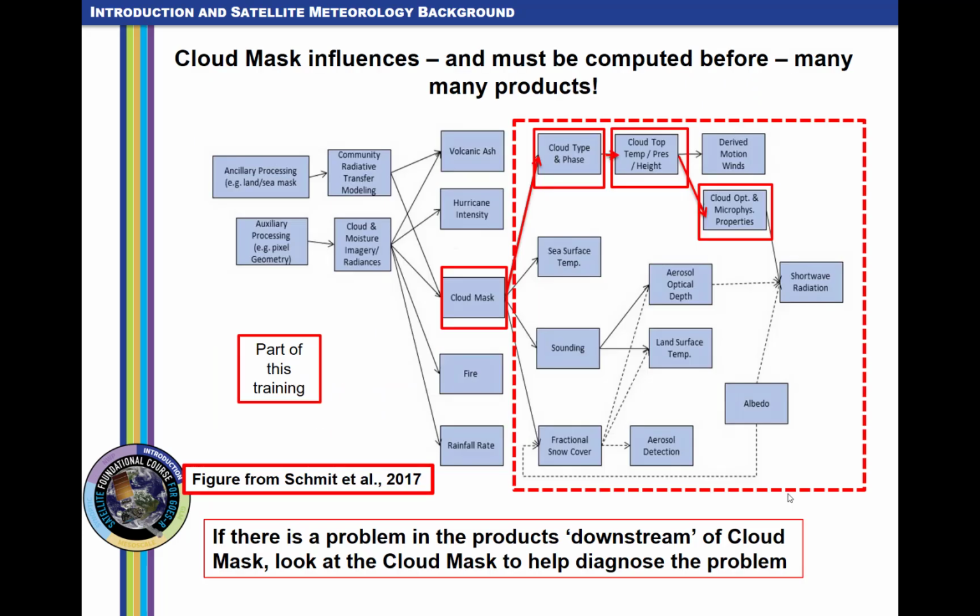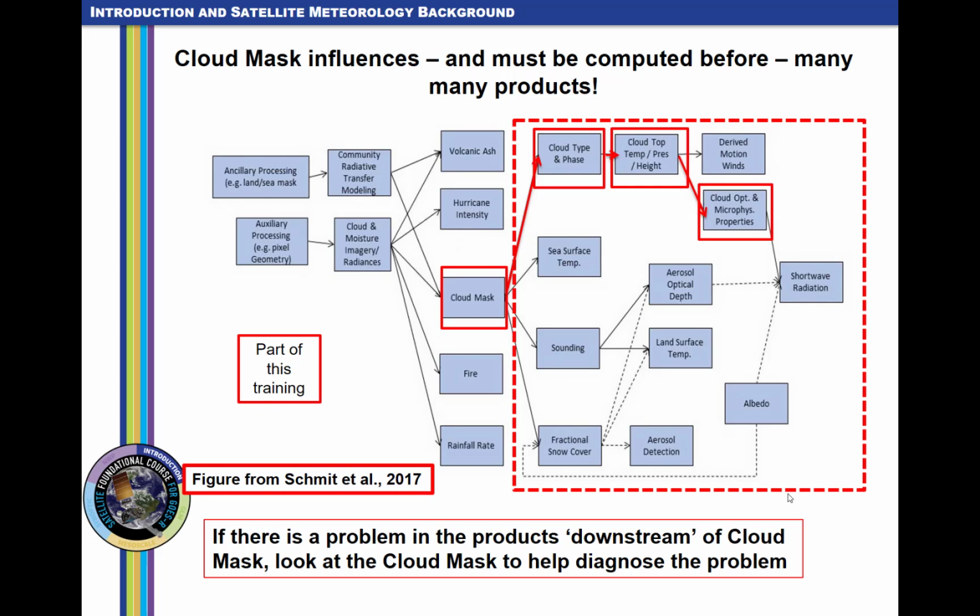This flowchart shows how the products are computed. The cloud mask is computed first, then cloud type and phase, then cloud top parameters, and then cloud optical properties. If you find something suspicious in a cloud product, or in a product that might rely on cloud clearing, Step 1 should be to examine the cloud mask.